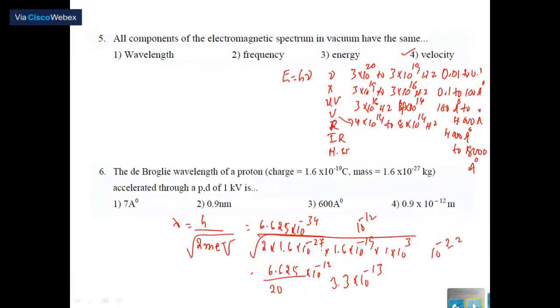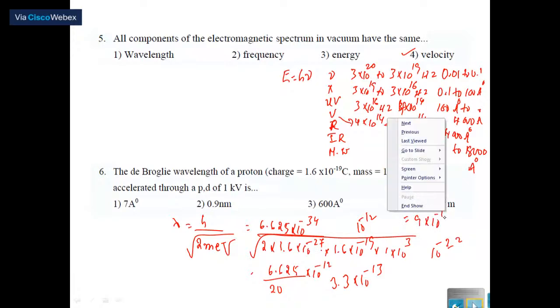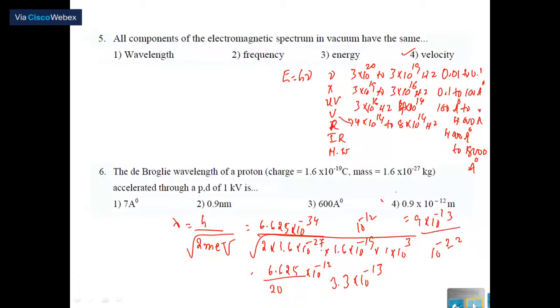That is 3.3 into 10 power minus 13, which is the same order as 9 into 10 power minus 13. So this is the answer. We don't really require the final calculations to come to that order. This is the right answer.